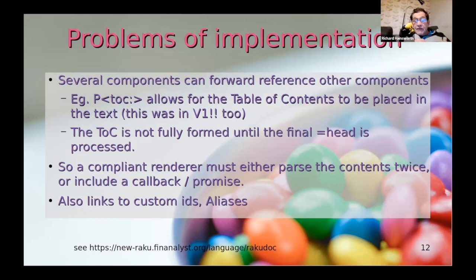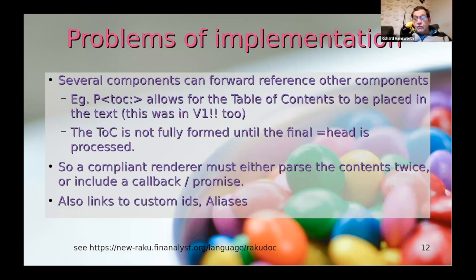Some of the problems that I've had in implementing pod version 1 are, for example, the schema TOC. So P<TOC> would be able to place a table of contents anywhere within the text. Normally you would have it at the beginning, but you could have it at the end. The problem is that the TOC is never completely populated until the last header is passed, and therefore any placement of a table of contents infers a forward reference.